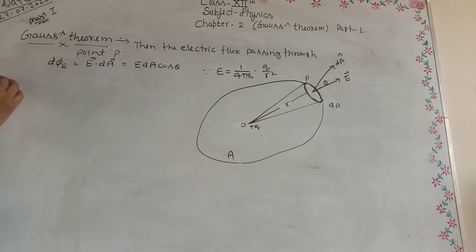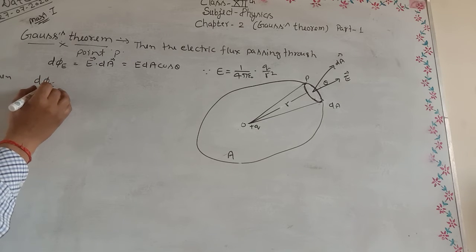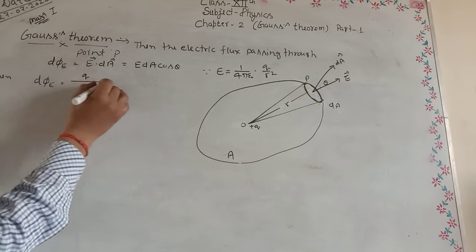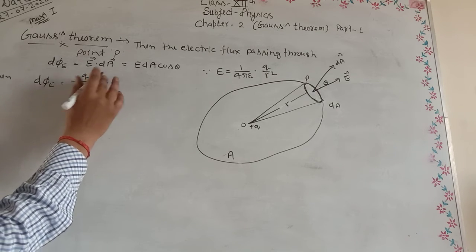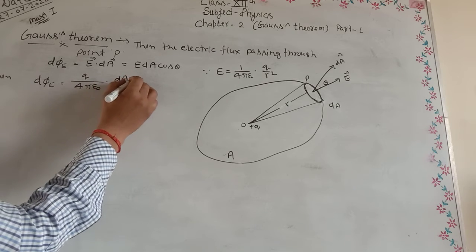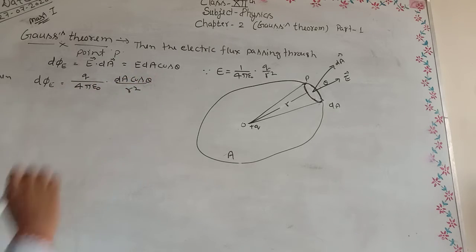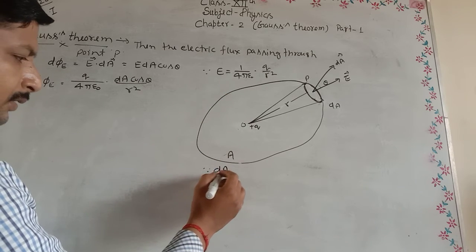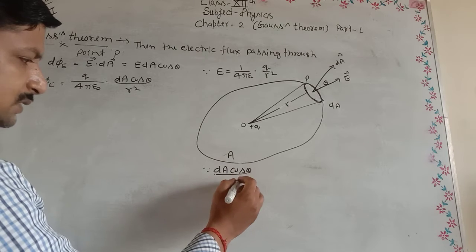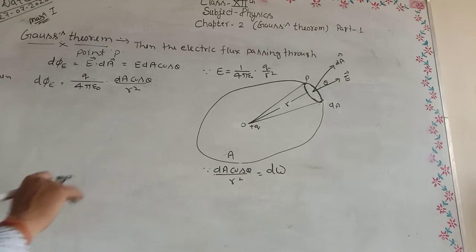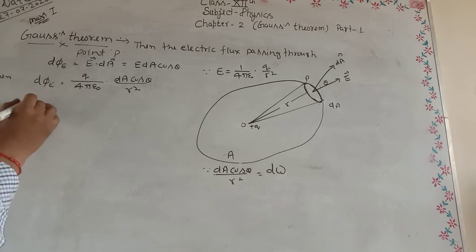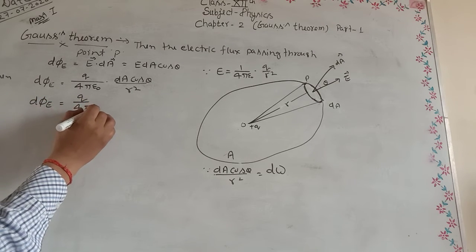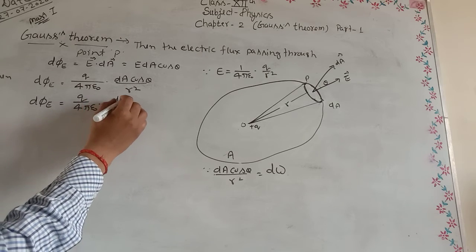Then d phi E is equal to q upon 4 pi epsilon 0 into dA cos theta upon r square. Now dear student, we know that dA cos theta upon r square is equal to d omega. Then d phi E is equal to q upon 4 pi epsilon naught into d omega.